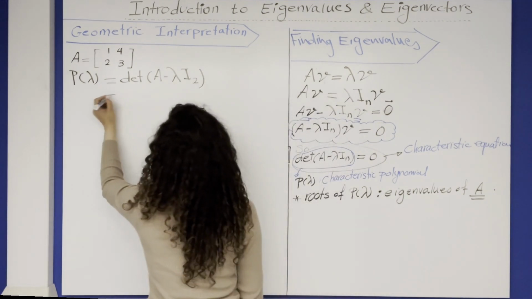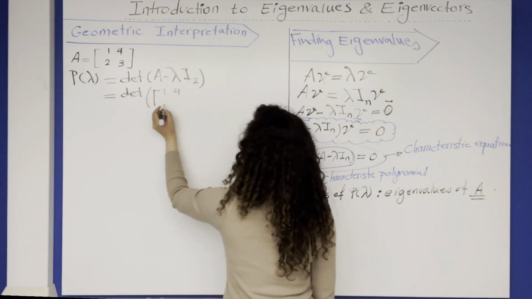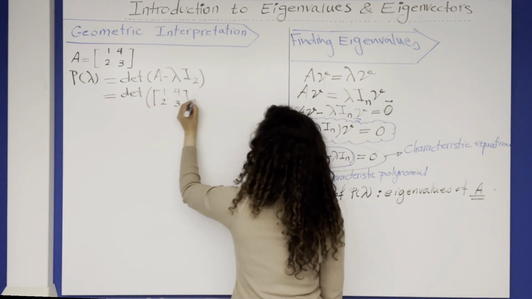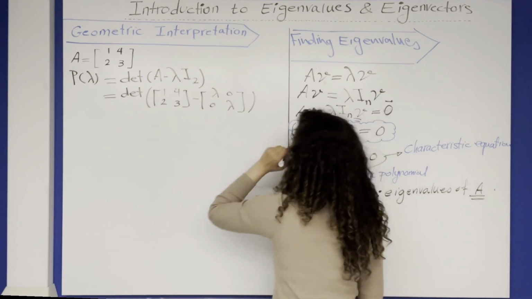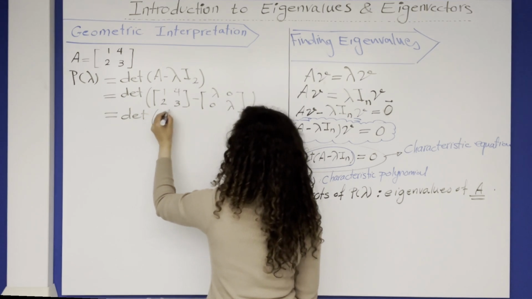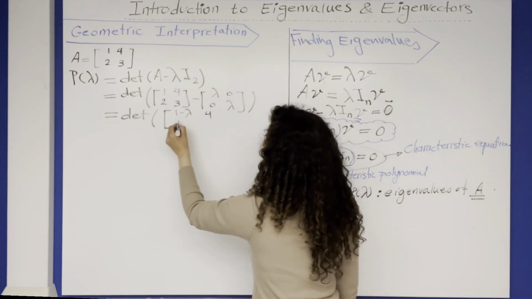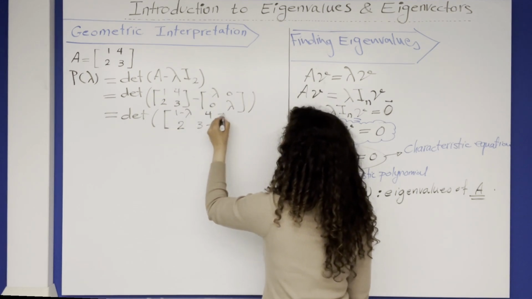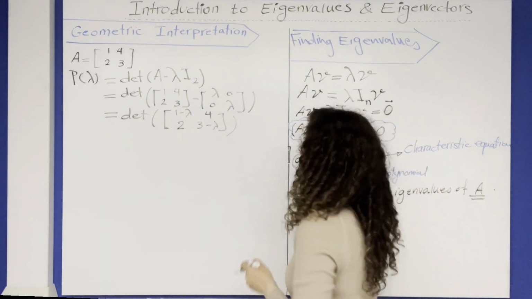And this is going to be the determinant of A minus lambda 0, 0, lambda, which is the determinant of the matrix 1 minus lambda, 4, 2, 3 minus lambda.